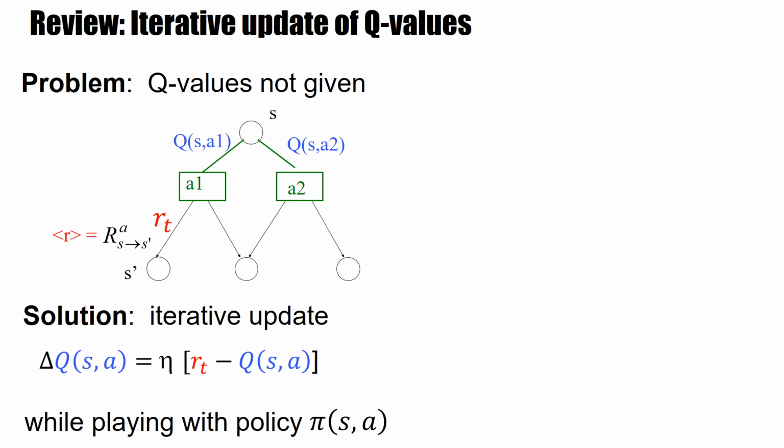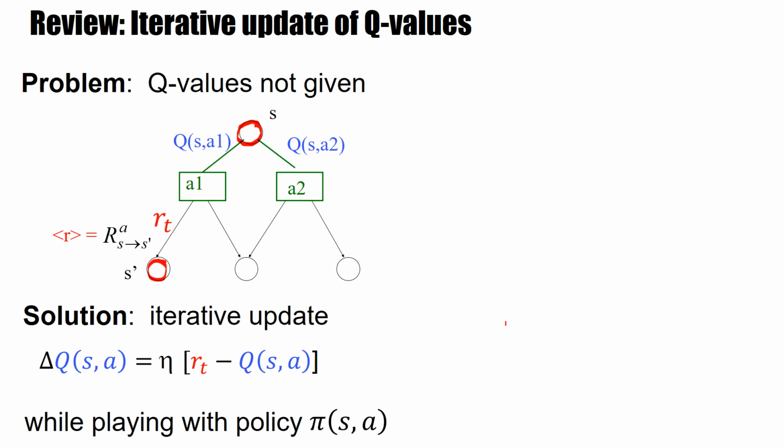Just remember what we said about the case of the one-step horizon problems. We start at a state S, we take a single action and arrive at a final state S prime. The best action depends on the Q values, but the Q values are not known.